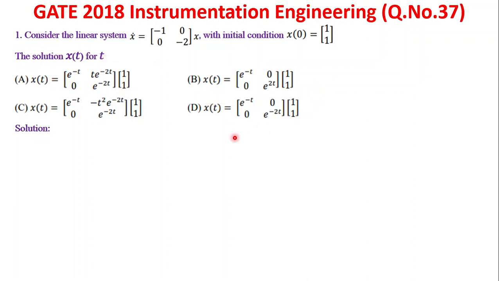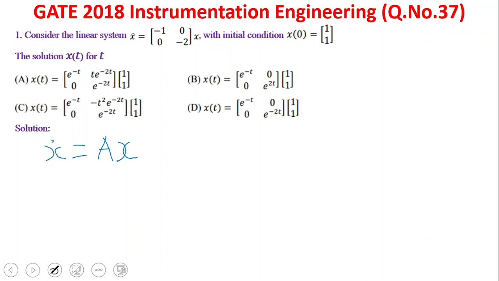Now, just by seeing this question, what should come before our mind is we should get the expression for x of t. We already know that x dot equal to Ax plus Bu. Of course, here B is not given, only x dot equal to Ax is given.